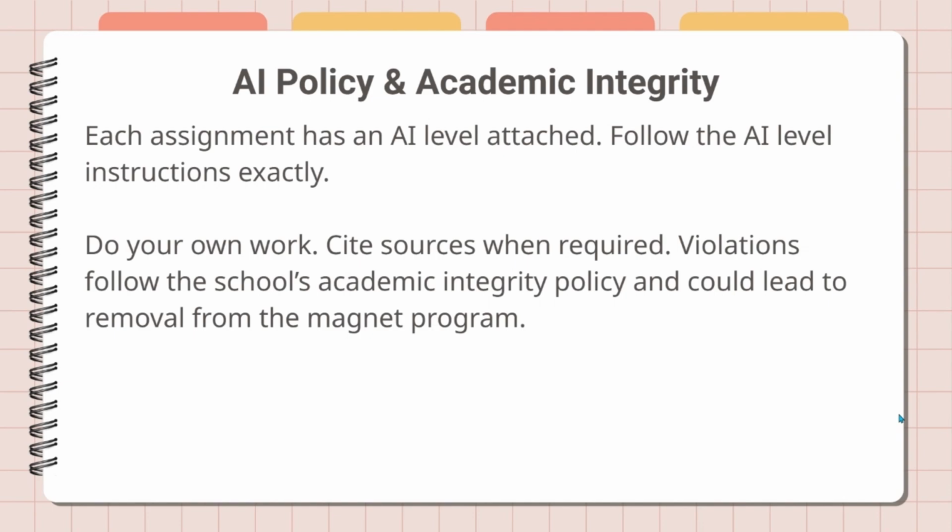Each assignment will have an AI level attached to it. Follow it. That's all. If you don't do your own work, if you don't cite sources, then you'll fail. If you use or are suspected of use of AI, the first assignment you get to redo. The second assignment is automatically a 0.